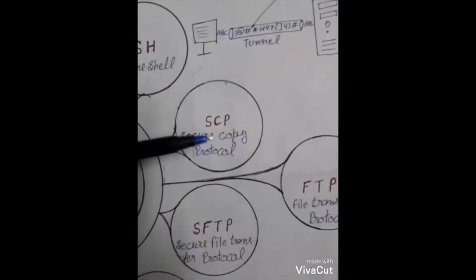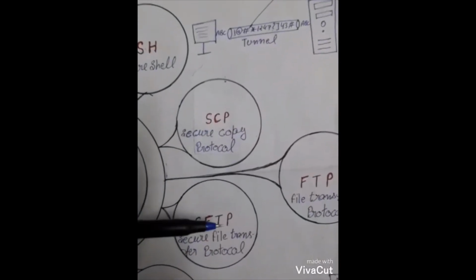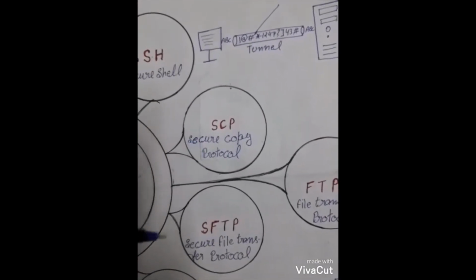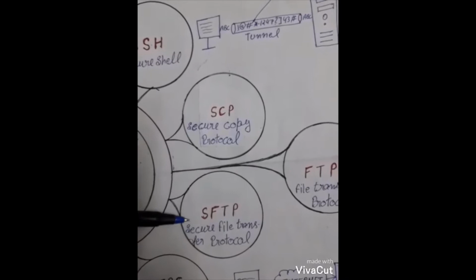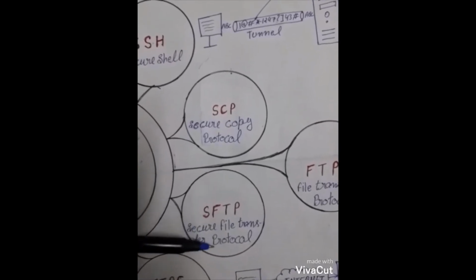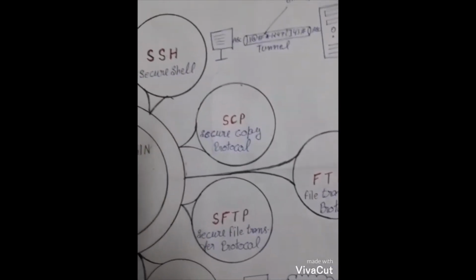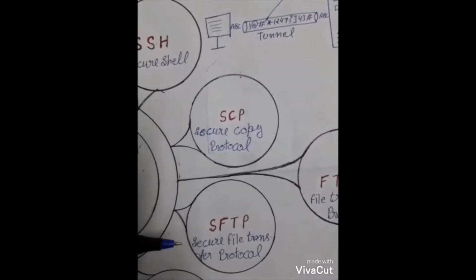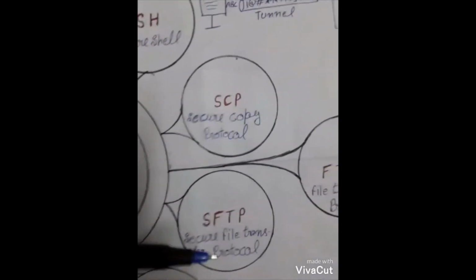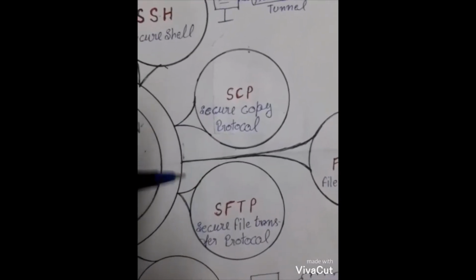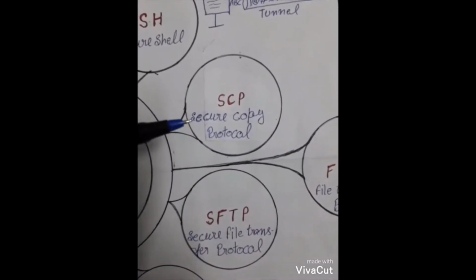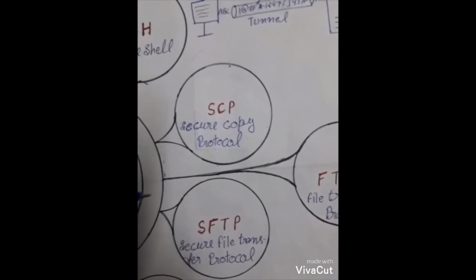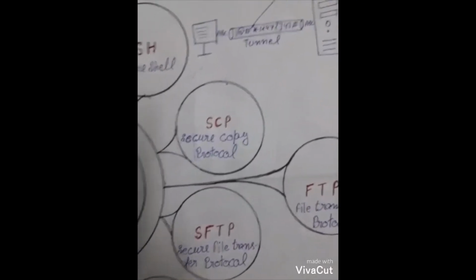The next point is SCP and SFTP. SCP stands for Secure Copy Protocol and SFTP stands for Secure File Transfer Protocol. Both are file transfer protocols, that's why we are discussing them simultaneously. SCP is a version of the Unix remote copy command which is widely supported on Unix systems.